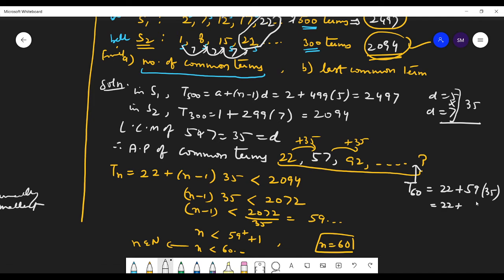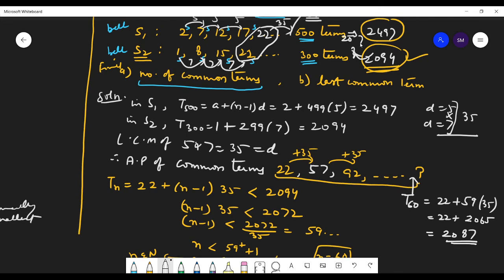The 3835. Okay, तो 2065 यहाँ आएगा and this is 2087. तो स्टूडेंट्स, 2094 जो टर्म है that is 2087, वो दोनों में कॉमन टर्म होगी.